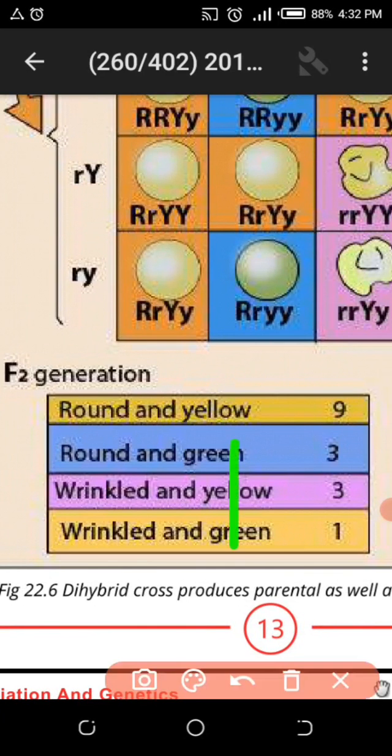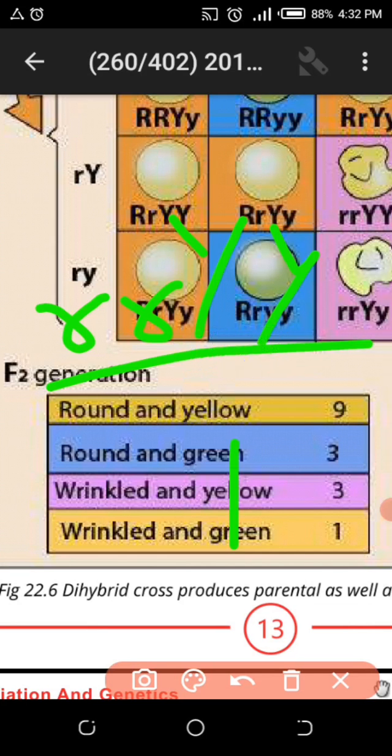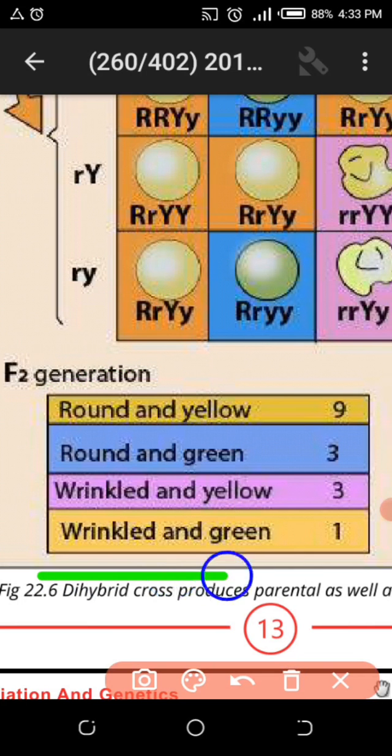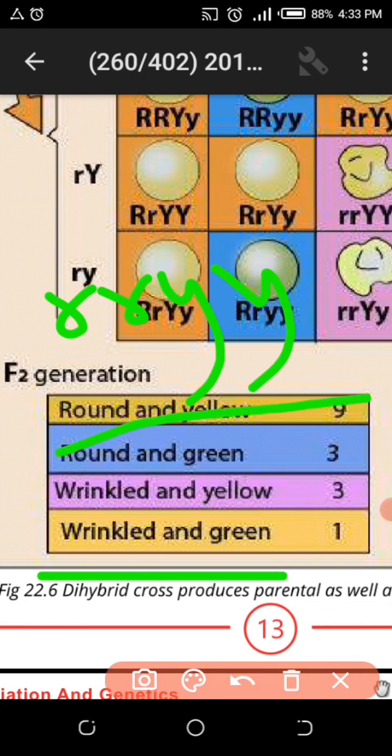I write the genotype of wrinkled and yellow here. Look here: wrinkled, small r, and yellow, capital Y. So this is also a non-parental generation. I told you the reason why non-parental generations are produced. Now go back to the fourth generation, wrinkled green: small r, small y.